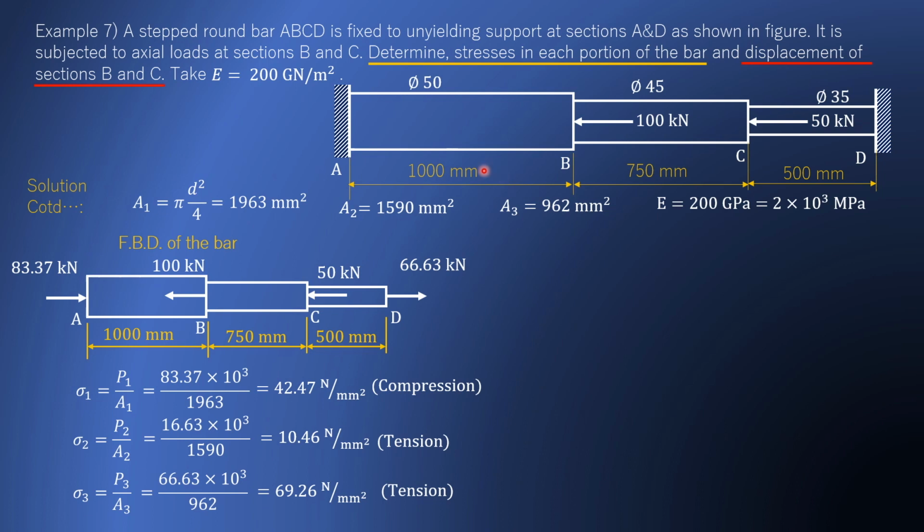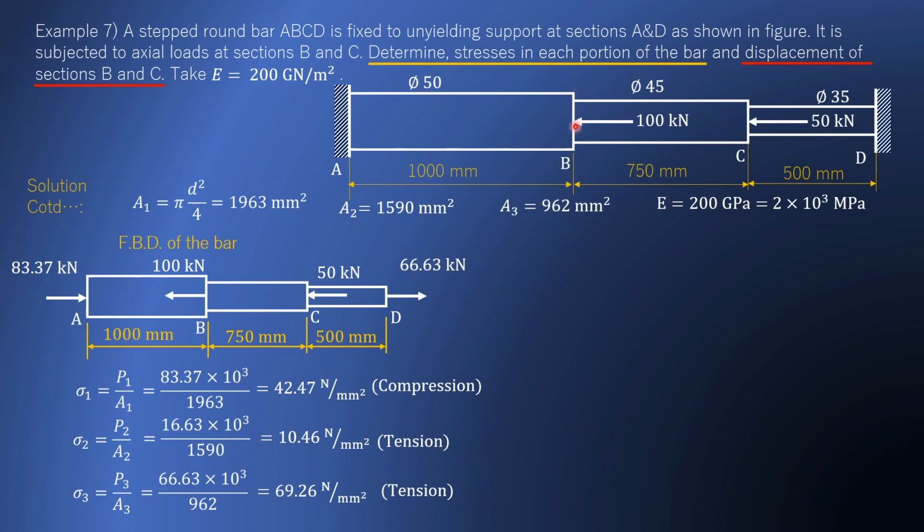Now, displacement of sections B and C. How much will section B, this junction, move and in which direction? Now try to understand. The left end, because it is a fixed support, doesn't move. The right end, because it is a fixed support, doesn't move.